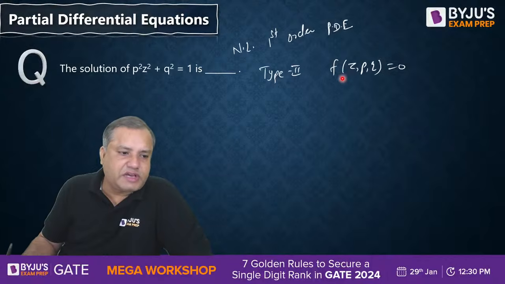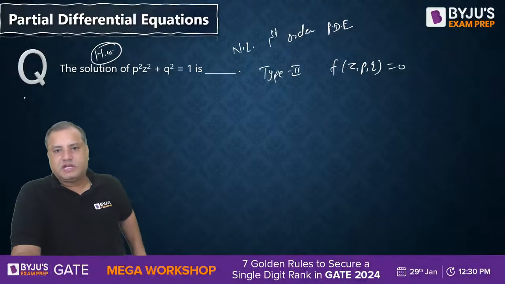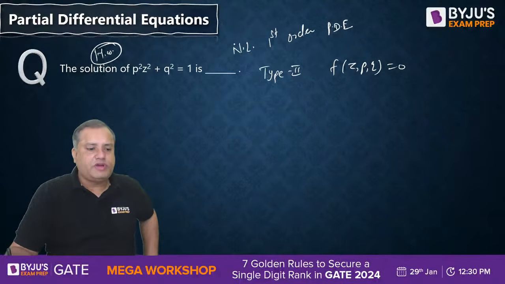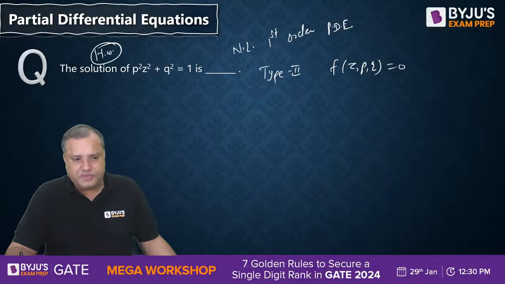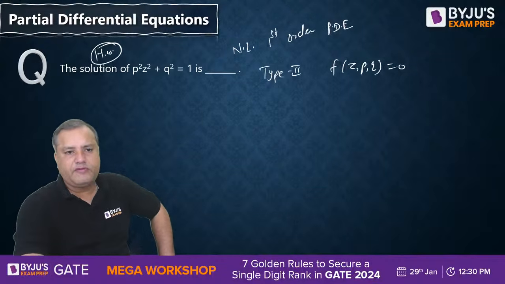Can you solve this? I am keeping this as homework for you. You need to put P equal to dz by dt and Q equal to a dz by dt. Simplify and proceed. I believe every one of you can do this.